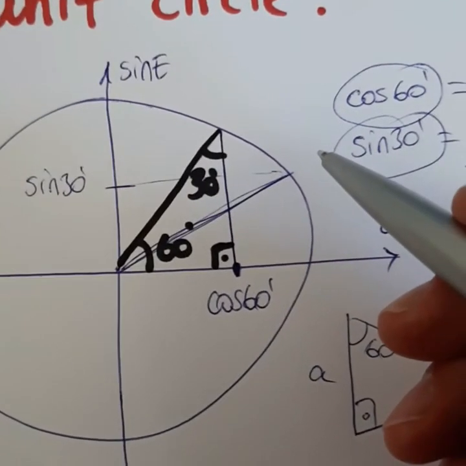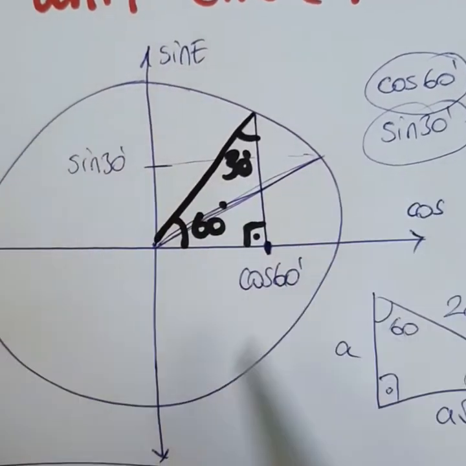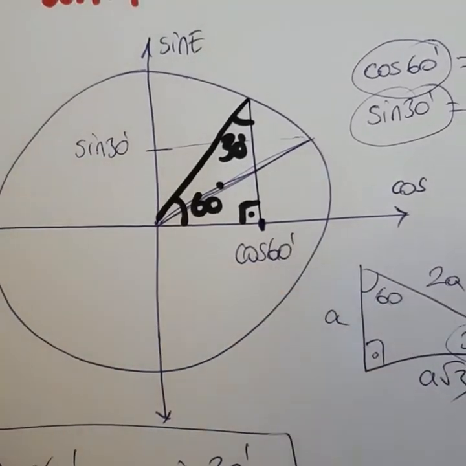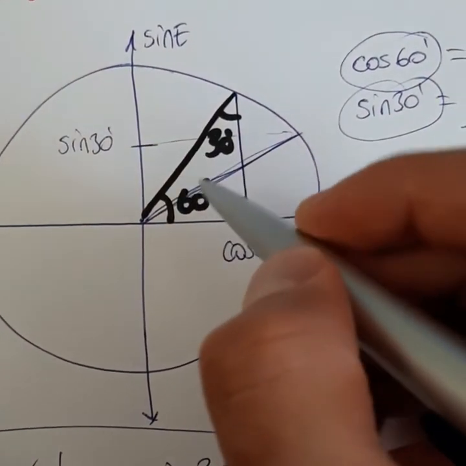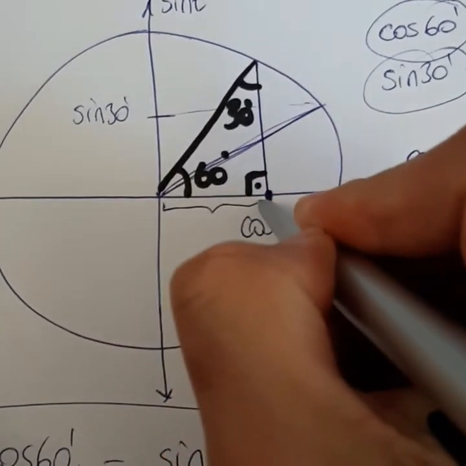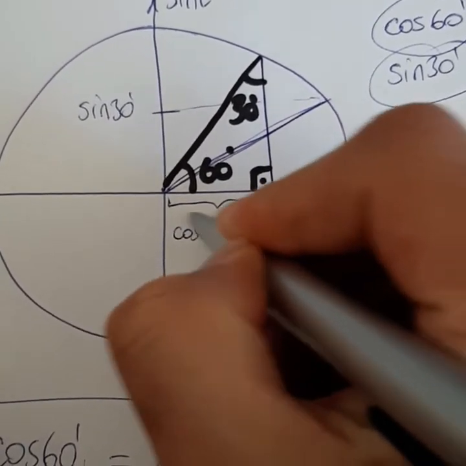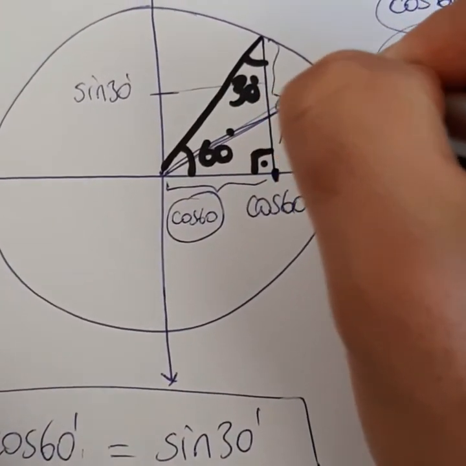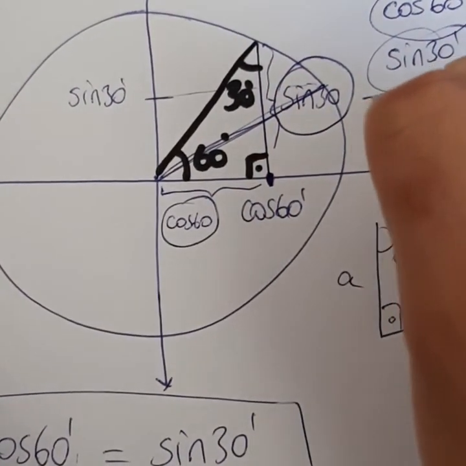As we said before, cosine 60 degrees is equal to sine 30. Why are they equal? Because we have this triangle, and this part is cosine 60, and this part is sine 30, or 1 over 2.